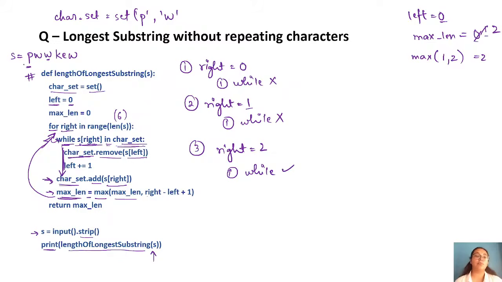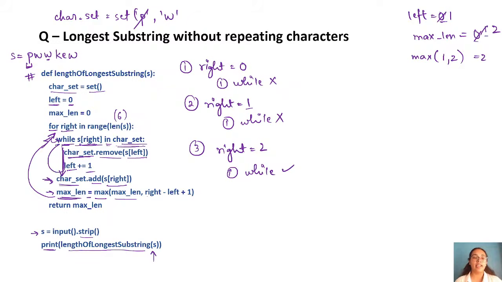P. So it means we are trying to remove the first element, that is P, from our char set. So P is going to be removed. Okay, so we have W left in our char set. Now we have to add 1 to my left, right? Because we are not going to remove P every time, we have to move to the next element. So we add 1 to my left.